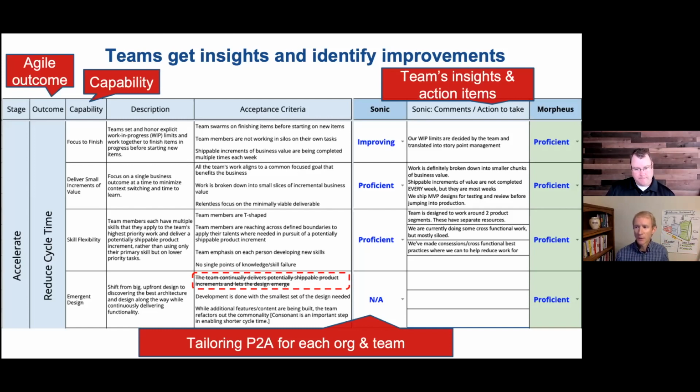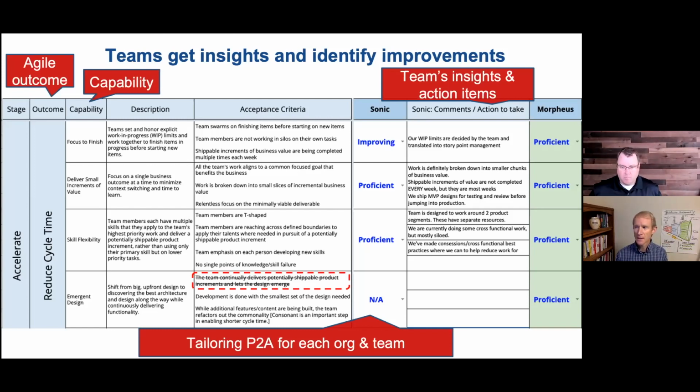So each team can go through and, with a coach's help, interpret what this means and where we're at. And we're also able to customize this a little bit. One of the great things about Path to Agility is that it does provide a good level of guidance without being overly prescriptive. In this case, you'll see an example in that last row where, because we're doing web production and not building, say, a software product, some of these things don't really apply directly.